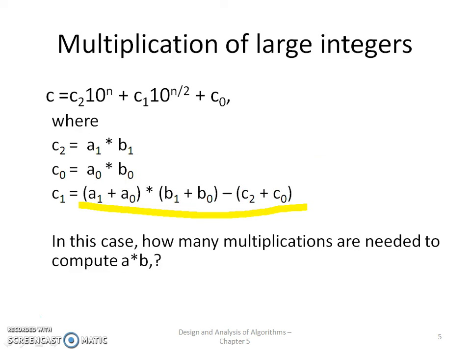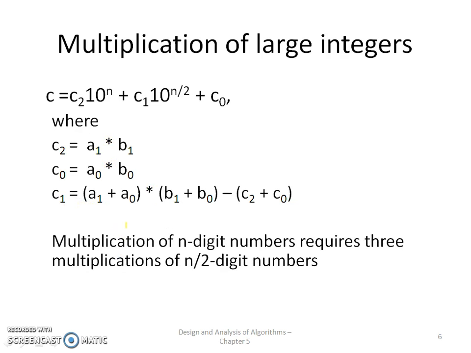Can anyone answer how many multiplications are needed? It's very simple to just count them. It is one multiplication here, the second one here, and the third one here. So by making use of this technique, we needed only 3 multiplications as against 4 in the earlier technique.